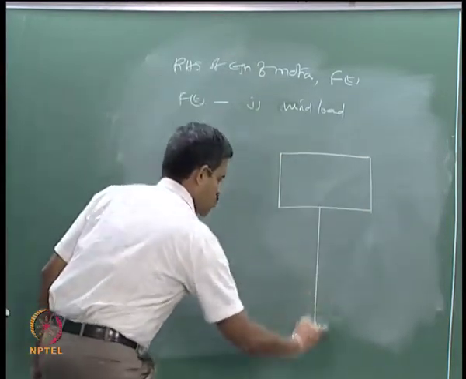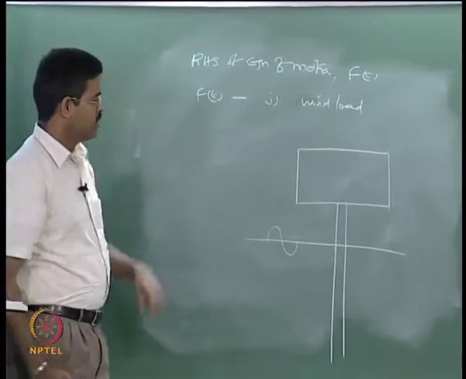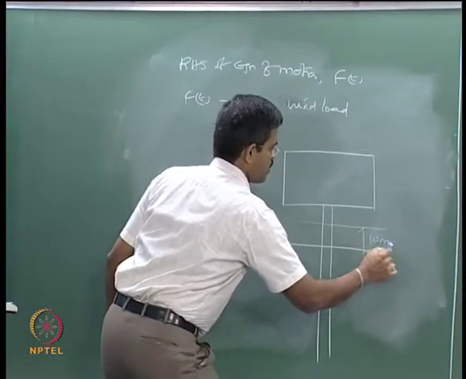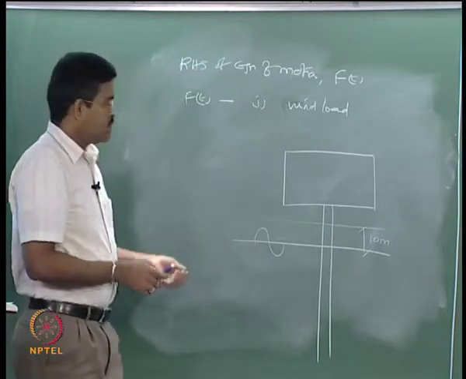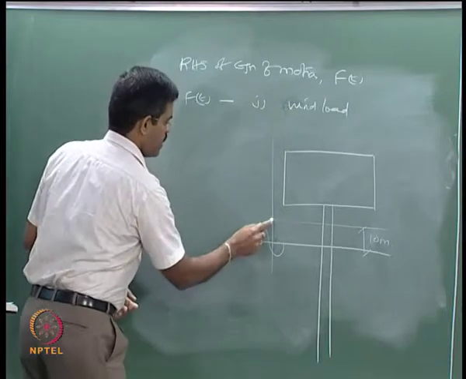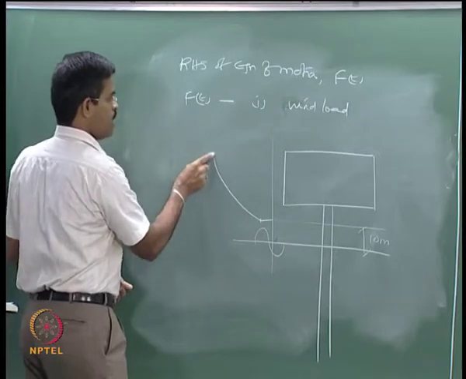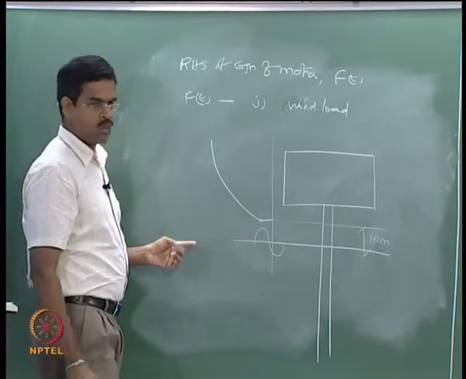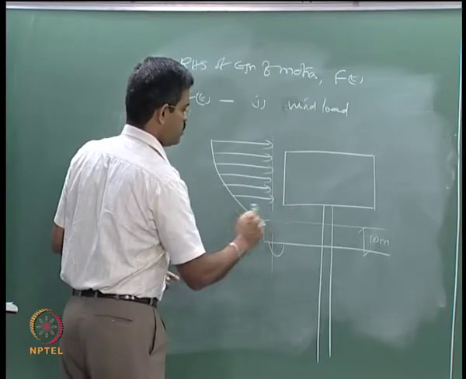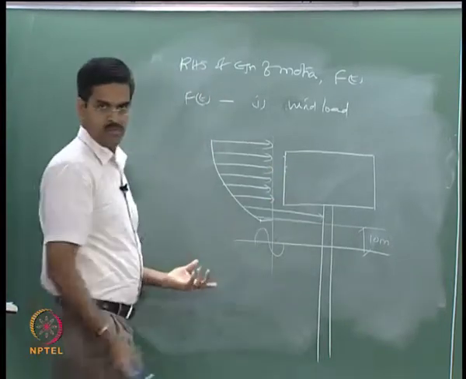So this is my superstructure above the still water level. At the reference datum of 10 meter above the MSL, till that value the pressure is constant. After that the pressure varies, let us say from some value of Z naught, as a power law. I compute these pressure values at any instant of time at any point I want.